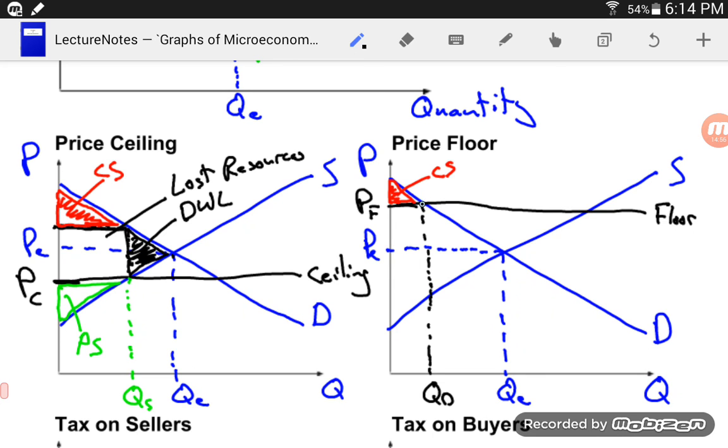If the government decides to step in and promise to buy all of these, we've got a huge surplus, and the government is going to have to actually purchase a whole bunch at a huge price, and so you'd have a very, very large subsidy.